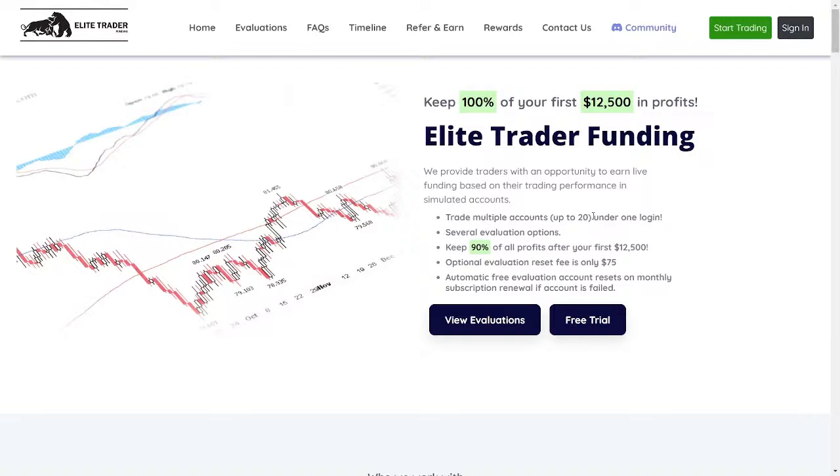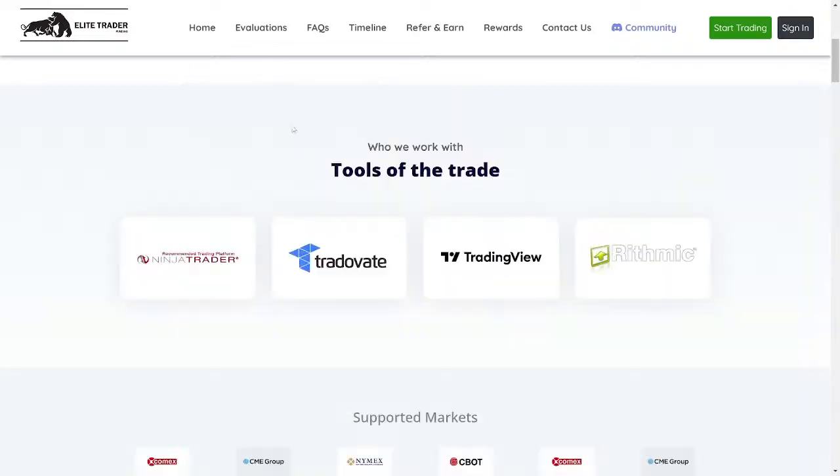So again, this is another option where you can get a lot of different funding through this futures prop firm. They also allow you to trade through NinjaTrader, Tradovate, and they have the TradingView integration as well. So you really can choose any of the 3 different trading platforms that I mentioned. So this is a really good option for you to be able to trade whichever one you are comfortable with.